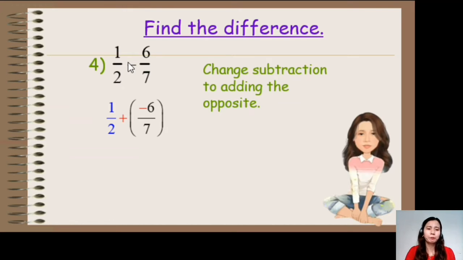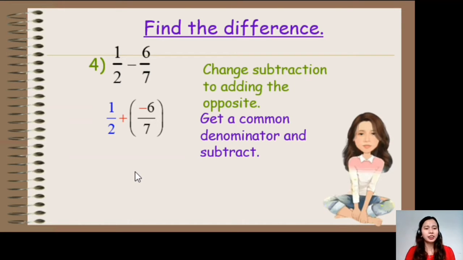So, keep, change, change. And the denominator is 14. 14 divided by 2 is 7 times 1, that is 7. Plus, copy the sign. 14 divided by 7 is 2 times negative 6 is negative 12.